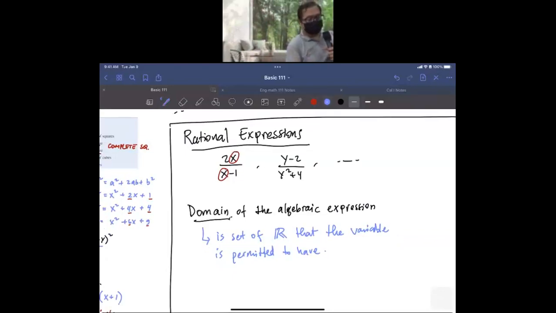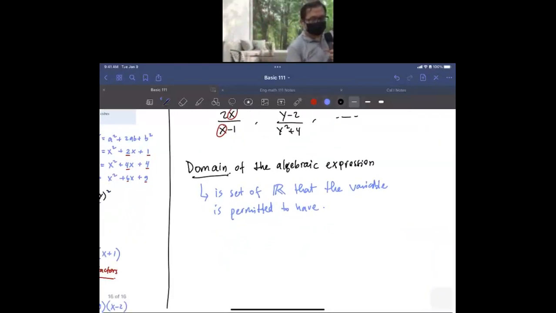Like the rational here, if we have 1 over x, this will be defined when x is not 0. Or if you write it completely, we can write with some notation that x is not equal to 0.